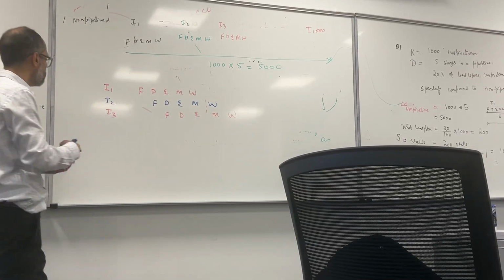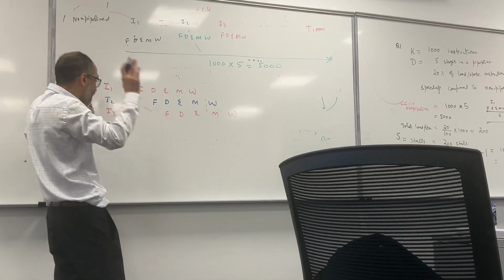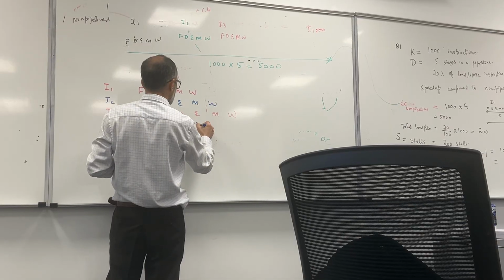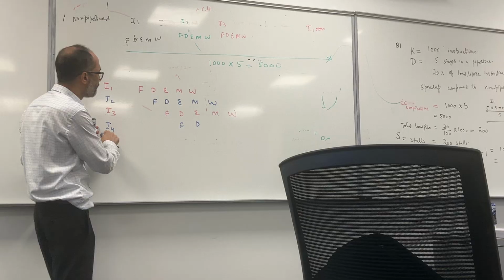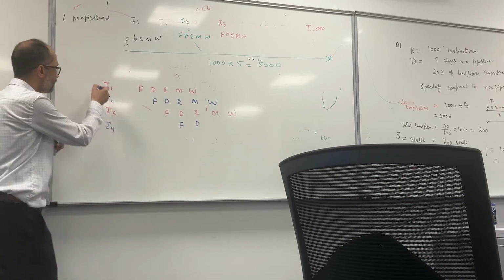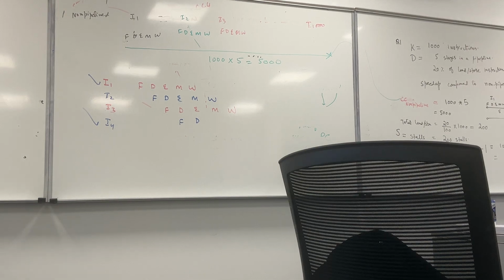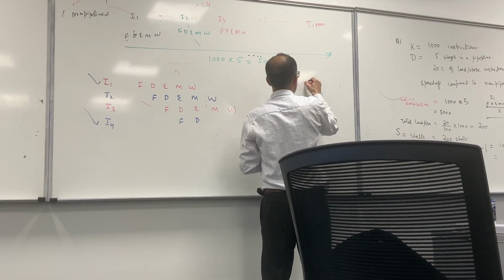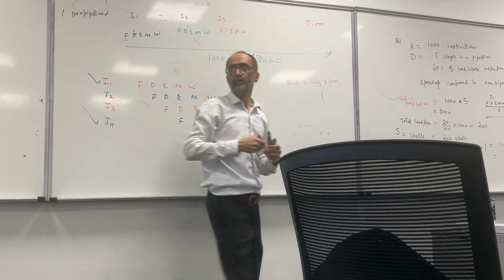We have fetch, decode, execute, main memory, and write back. Now we have I4. I4 is not a load, so we have fetch, decode. Can we fetch I4 with I1? Can we overlap I1 and I4? What does red color mean? Help me. Red is load or store.